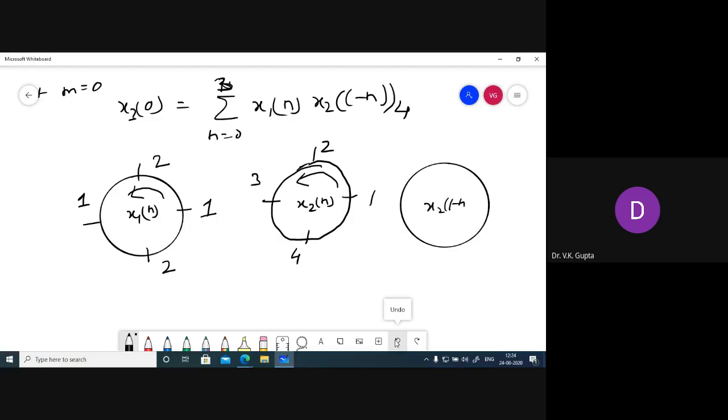So what do we do in the circular reversal? We put the sequence in the reverse direction and read in the positive direction. So we put 1 2 3 4, then the circular reversal of x2(n) will be 1 4 3 2.